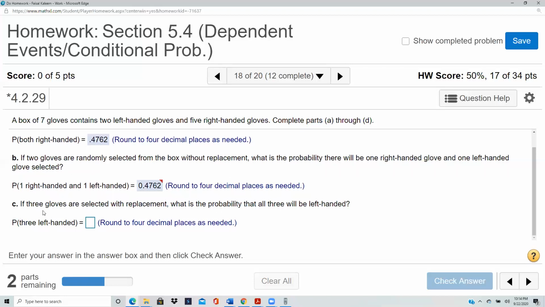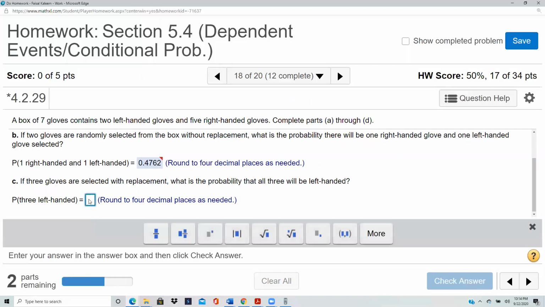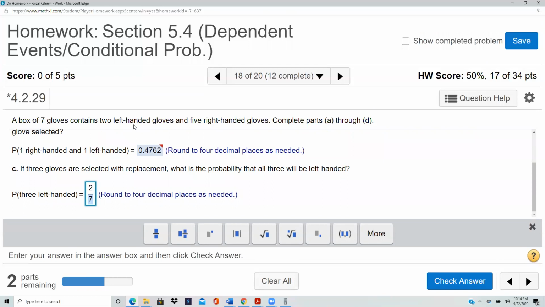And then C says, if 3 gloves are selected with replacement, what's the probability that all 3 will be left-handed? All 3 left-handed. But look, suddenly they have changed the problem. Now it's with replacement. But is that even possible? You have just 2 left-handed gloves. But okay, it's with replacement. So the left-handed will be 2 out of 7. If this was without replacement, then the probability was 0, because there's no way you can get 3 left-handed out of 2.